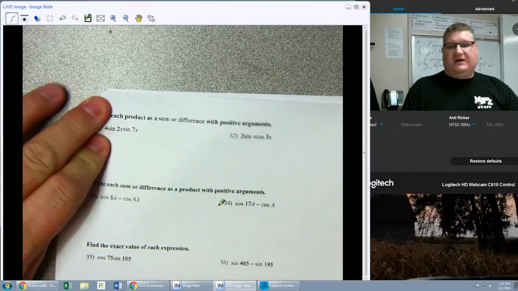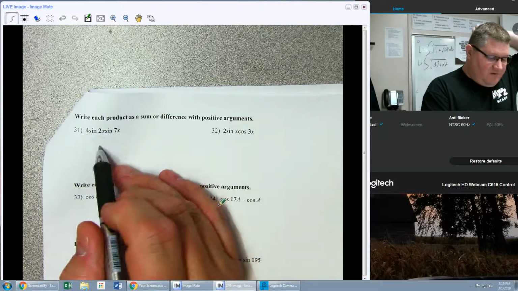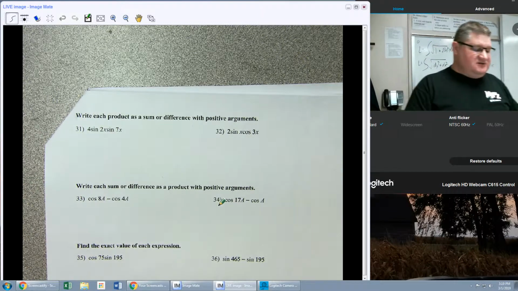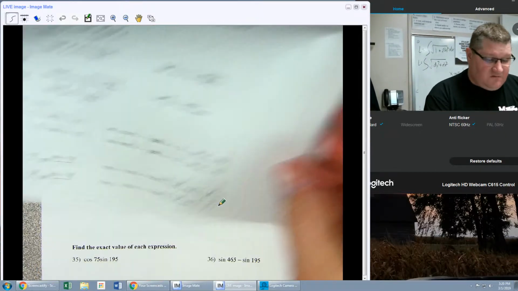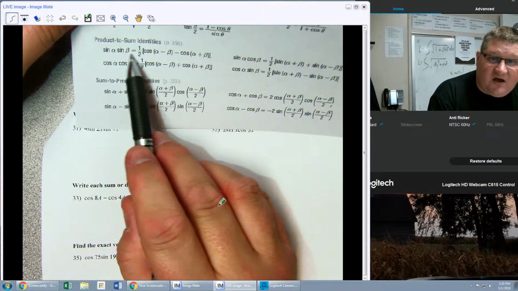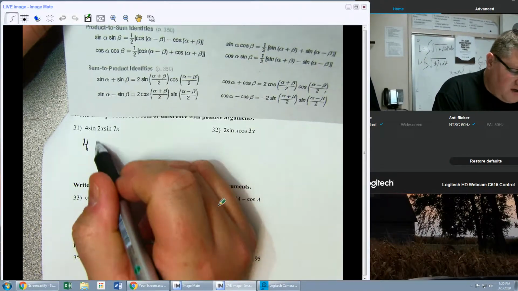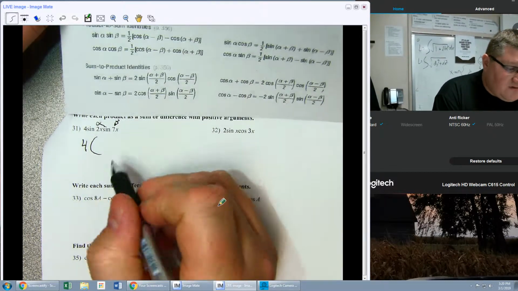Next, we're getting down into the product-to-sum. At this point, you're like, well, there's no squares here. There's no properties here. There's nothing I can change to sines and cosines. But you say, wait a minute, it's just two things multiplied. So let's just go down here and say, oh, sine alpha times sine beta. The 4 I just leave out front. And here's alpha, here's beta.